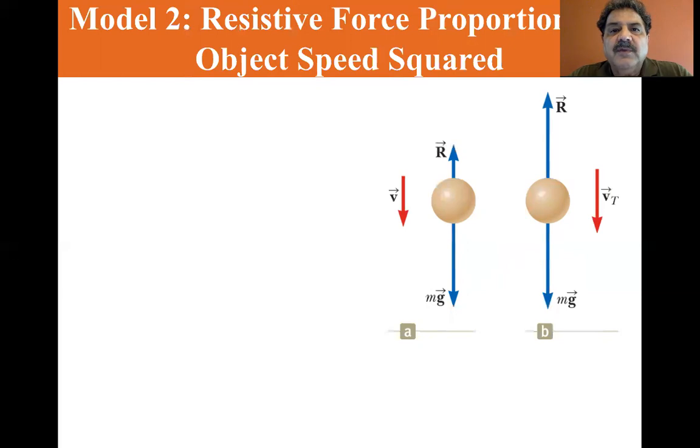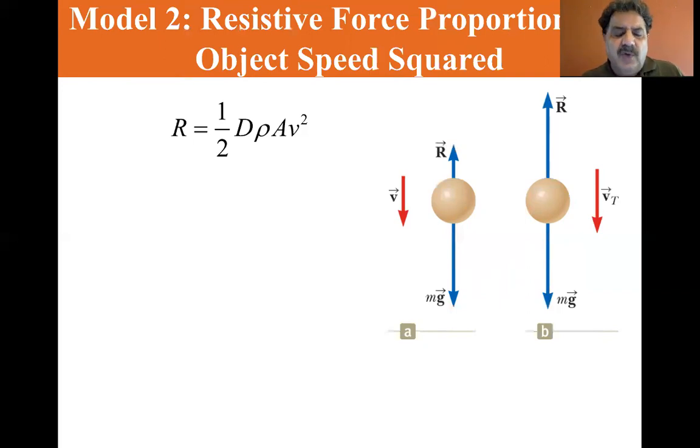The magnitude of the resistive force is as follows: R equals 1/2 D rho A times v squared, where D is a dimensionless empirical quantity called the drag coefficient, rho is the density of air, and A is the cross-sectional area of the moving object measured in a plane perpendicular to its velocity. So if it were falling toward you, it would be only what you see in cross-section.